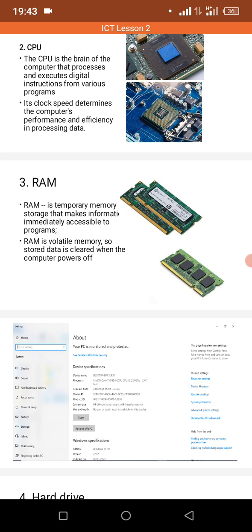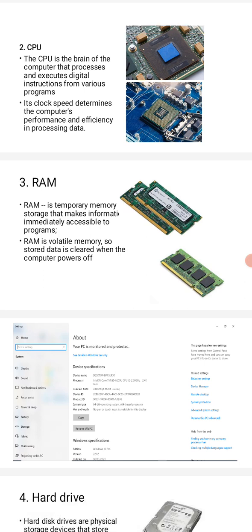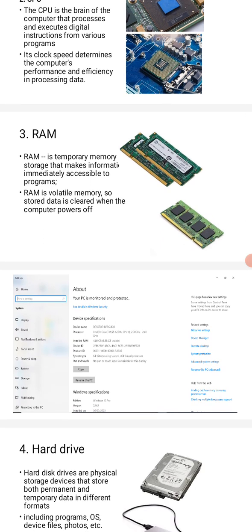So number 3, we're talking about RAM. What is RAM? It is a temporary memory storage that makes information immediately accessible to programs. RAM is volatile memory, so the stored data is cleared when the computer powers off.